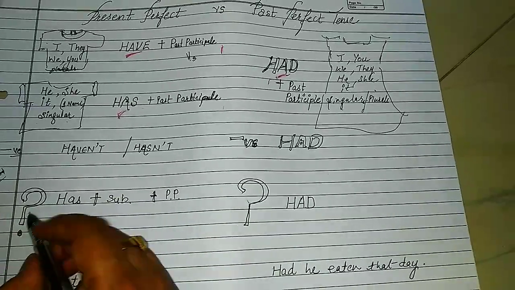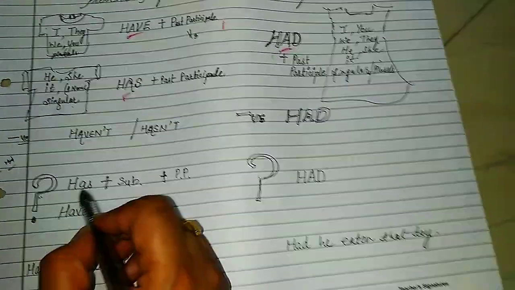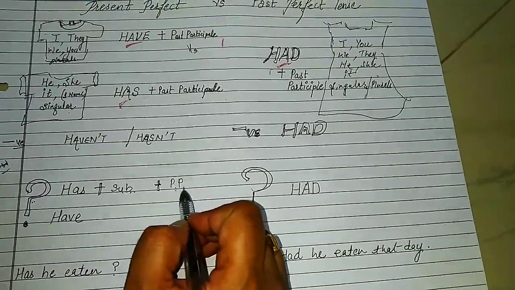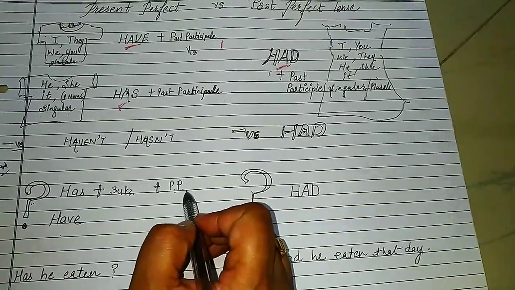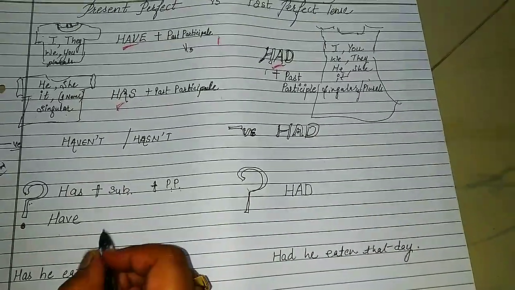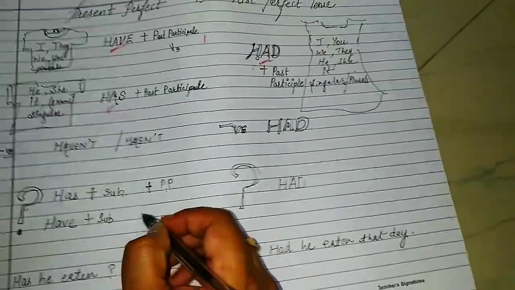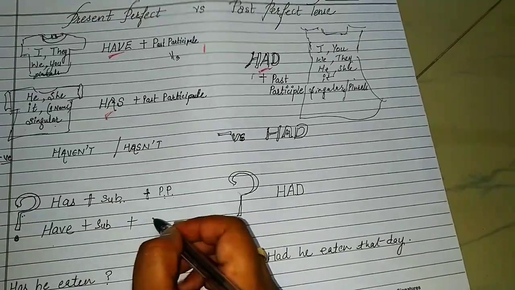Remember, whenever we have to make a question, use first the helping verb has, then the subject, then the PP, the past participle form, third form of the verb. Okay, and similarly when we have the plural subject, I have eaten.